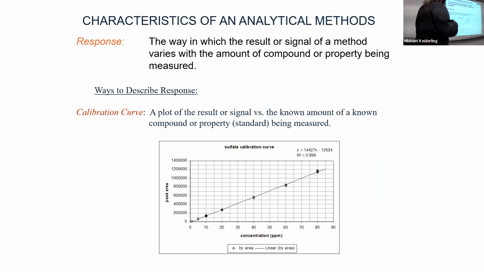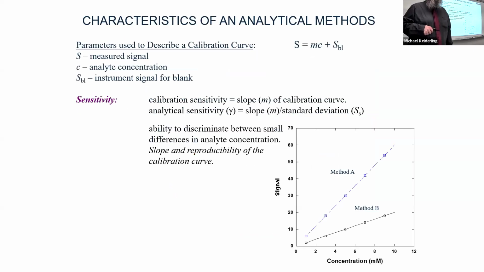So, some characteristics of analytical methods. You can make a calibration curve, which is the result of signal versus the amount of known compound or property being measured. That allows you to describe the response and use that for future measurements. The calibration curve can be a nice linear one.